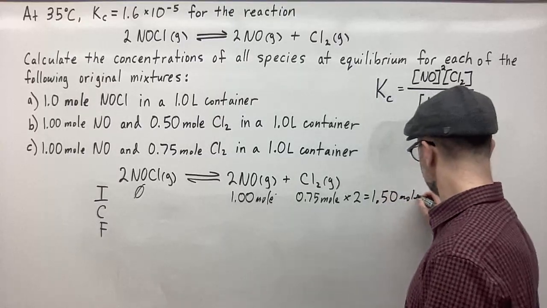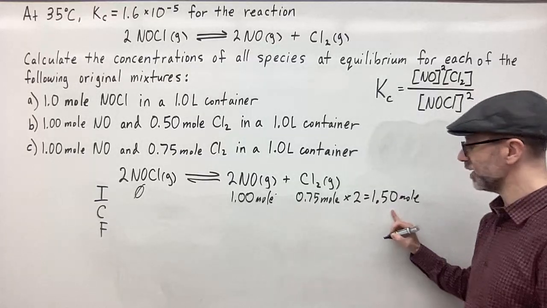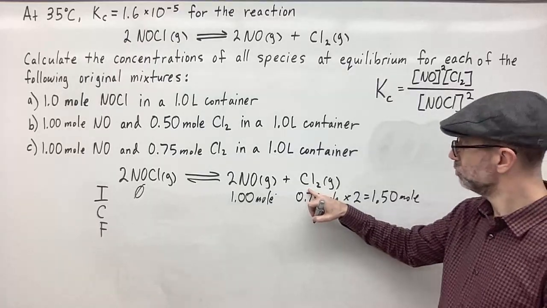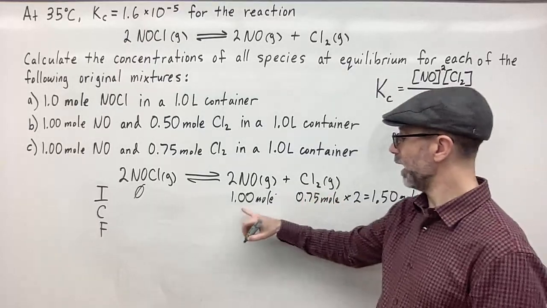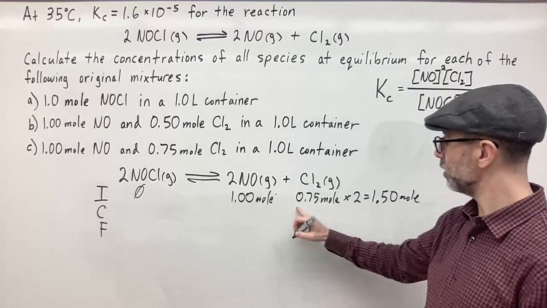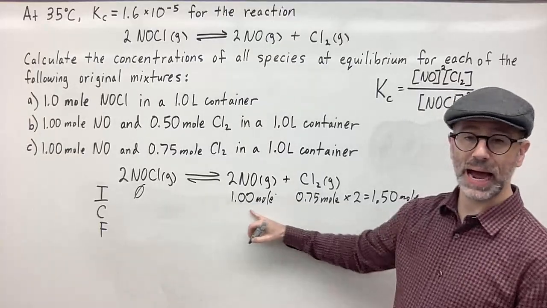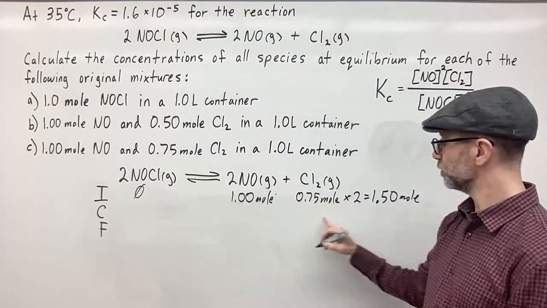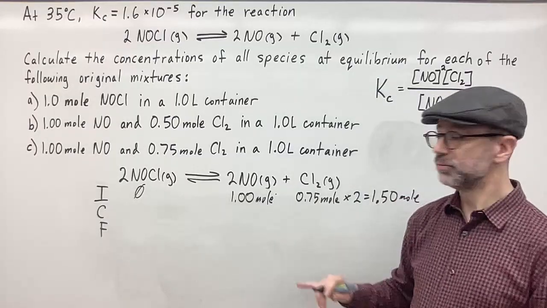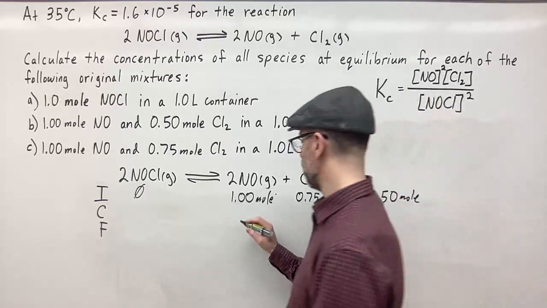So this is the number of moles of NO that I need to completely react with Cl2. But I don't have enough NO to react completely with this amount of Cl2. So therefore, this is going to run out before all of this reacts. So the NO is going to be my limiting reagent. So that's going to run out first.